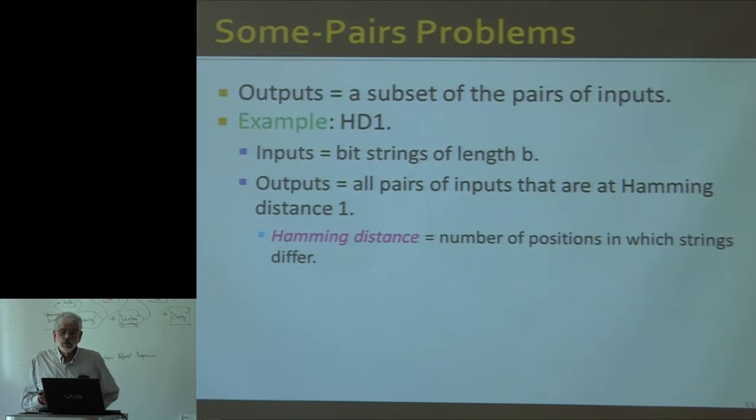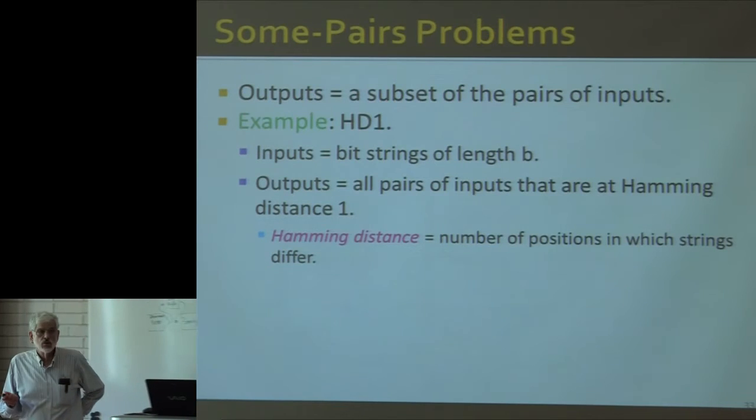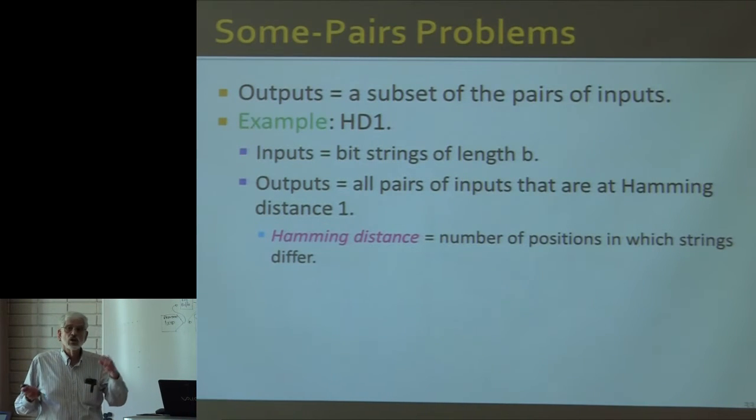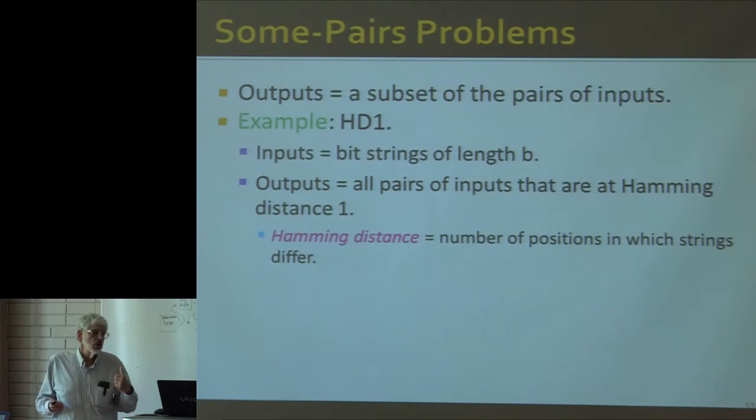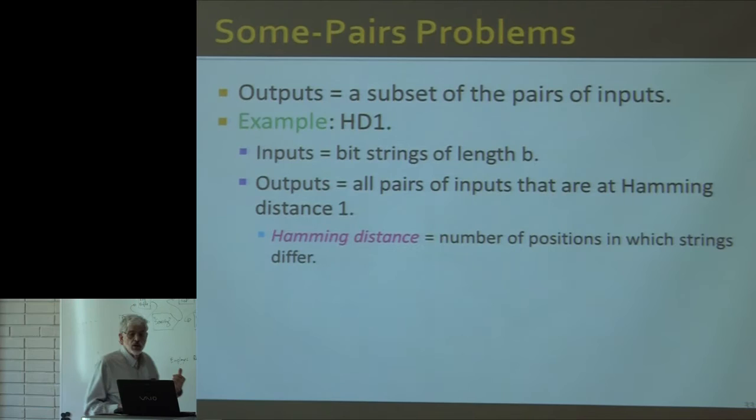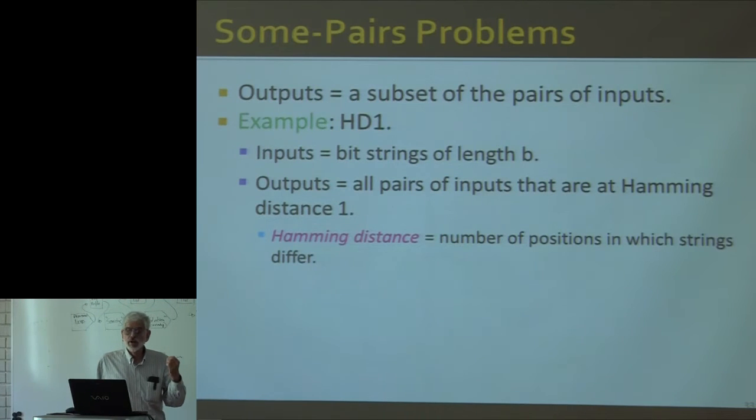And the outputs are all pairs of inputs that are at Hamming distance 1. The Hamming distance between 2 bit strings is the number of positions in which those bit strings disagree. So for the Hamming distance 1 problem, the outputs are all pairs of inputs that disagree in exactly 1 bit.